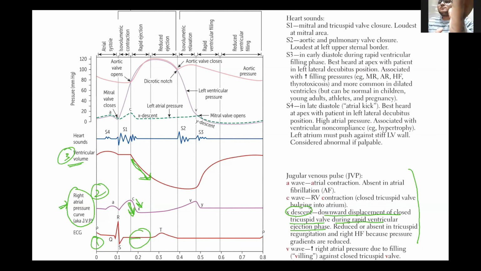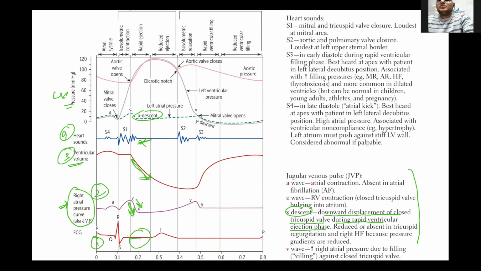Now, next, fourth point, that is, what are the changes in the heart sounds? No change, not significant. What are the changes in the left atrial pressure? Same X descent. What are the changes in the left ventricular pressure? This is left ventricular pressure. What will be the change? It will be increasing more also.